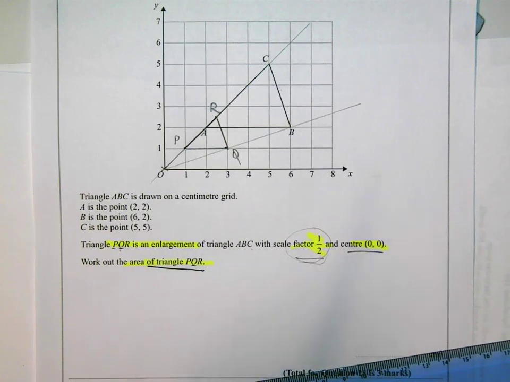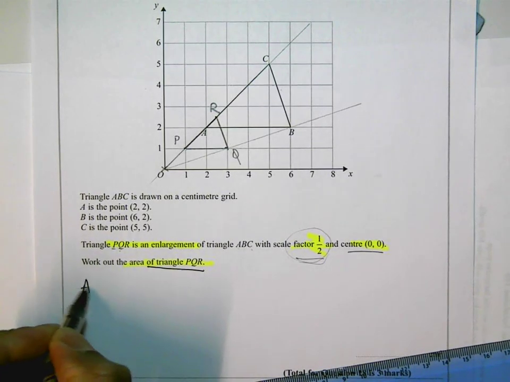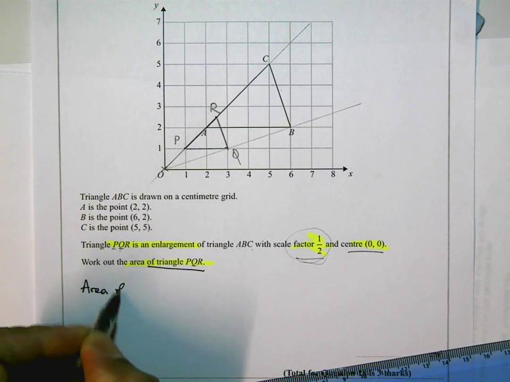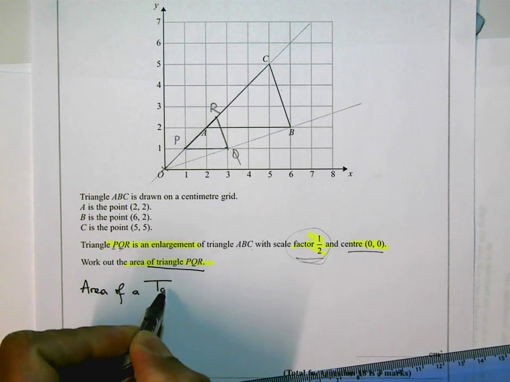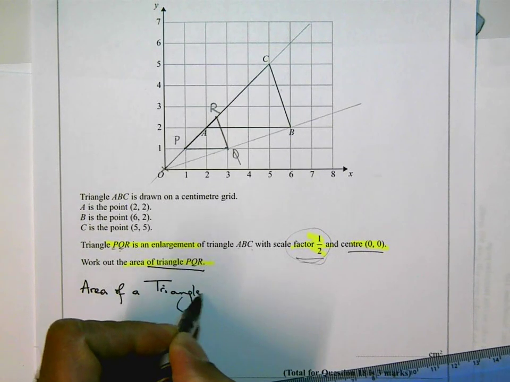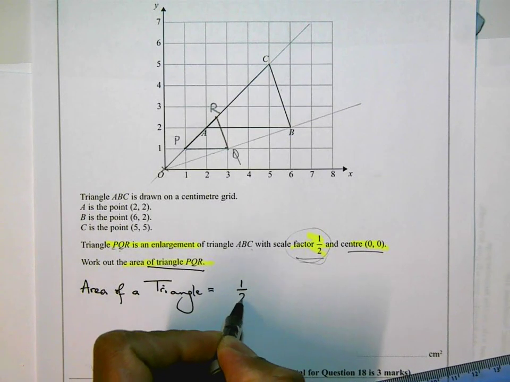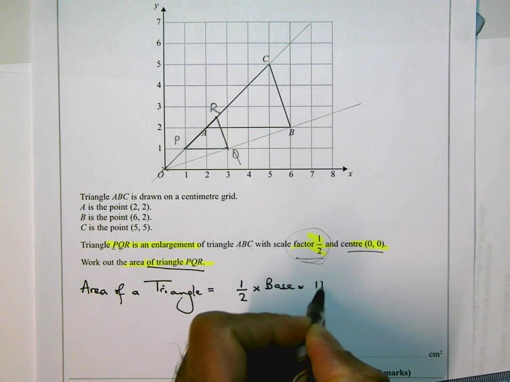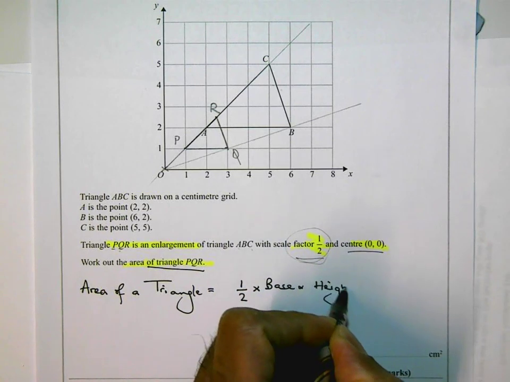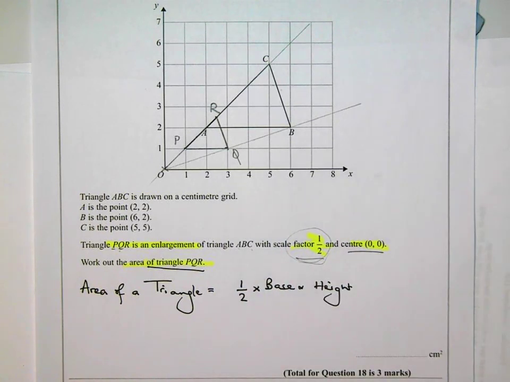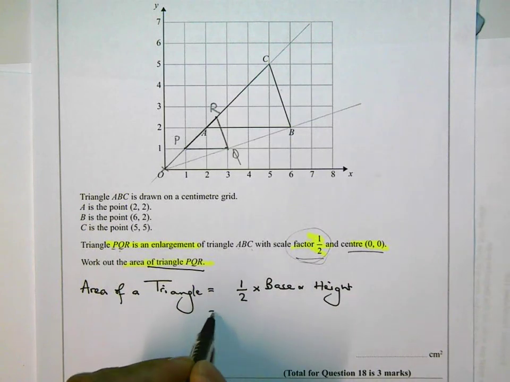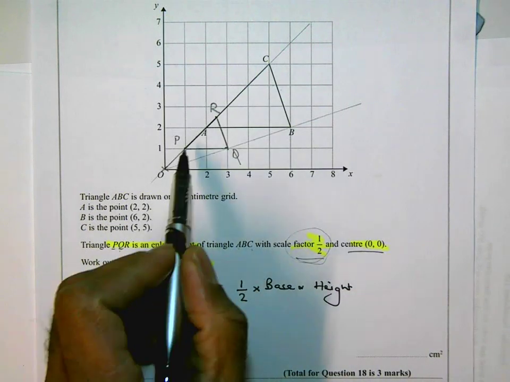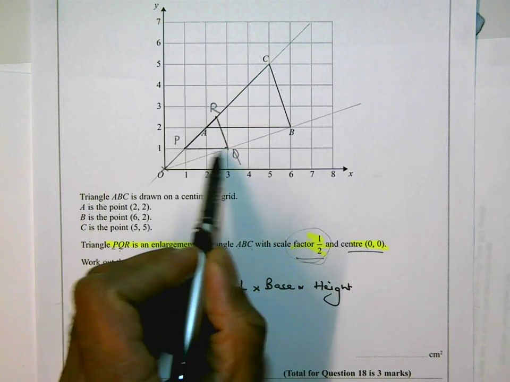Now, the area of a triangle is equal to a half times base times height. You need to make sure you know this. Now what's the base of that triangle? The base of that triangle, PQR, is 2.